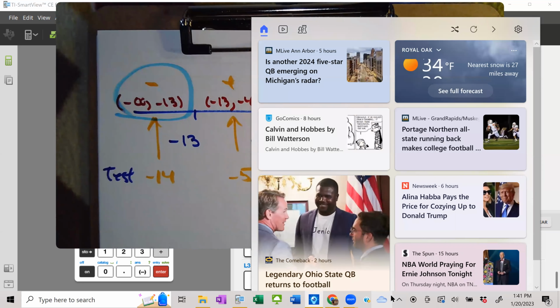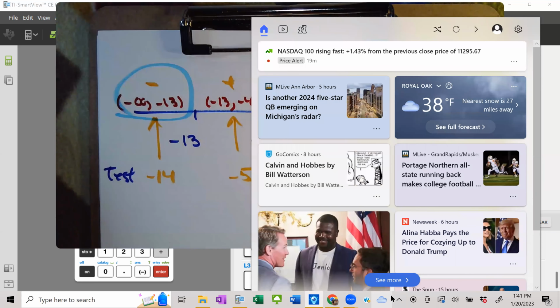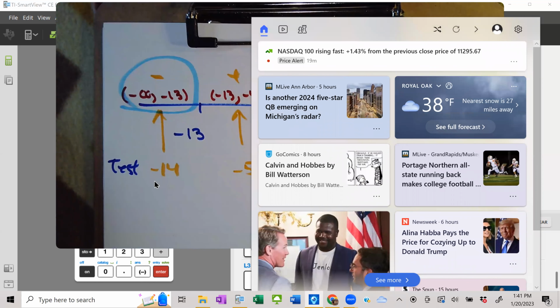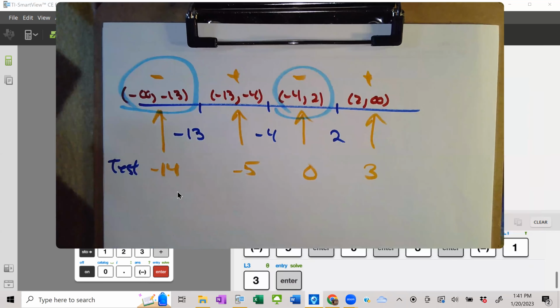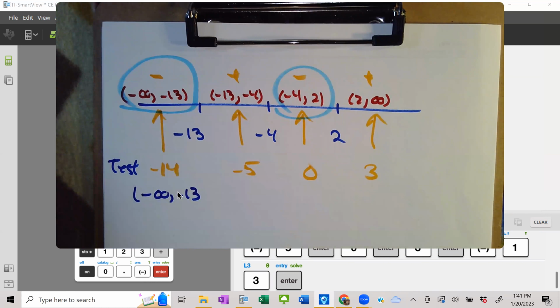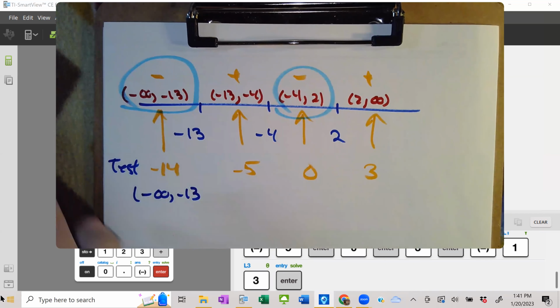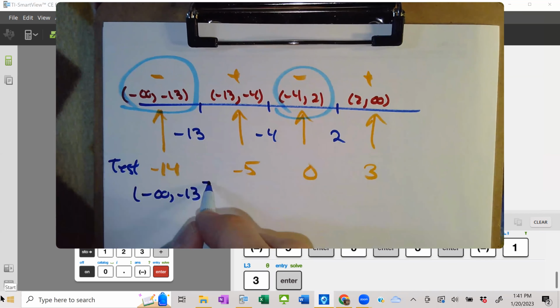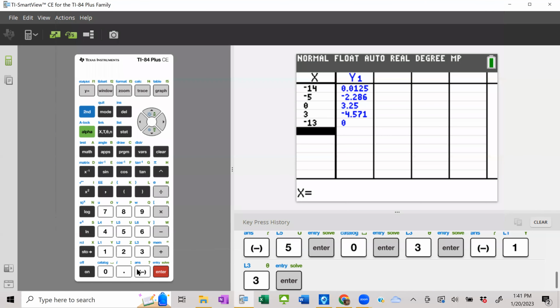So I'll include the endpoint there. So the first part of my answer is going to look like this. Negative infinity to negative 13. And if I'm including that, does that get a bracket or parenthesis? Bracket, well done.